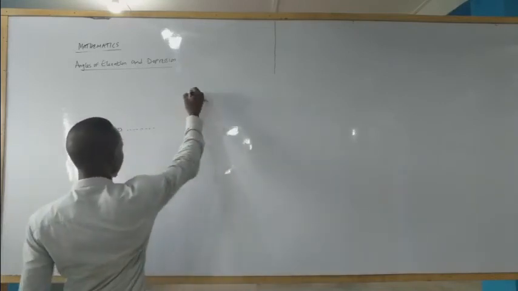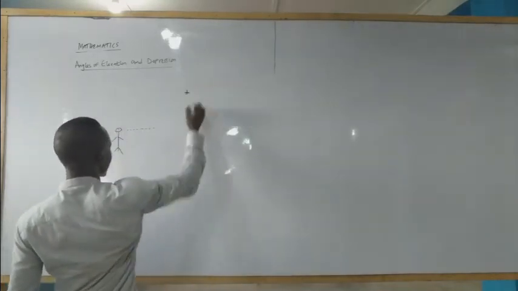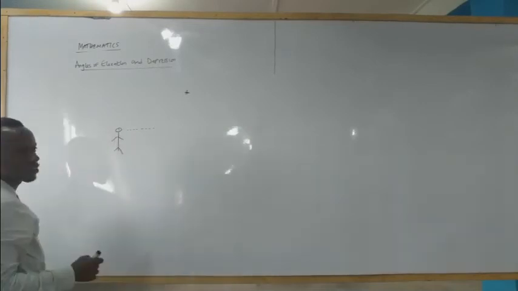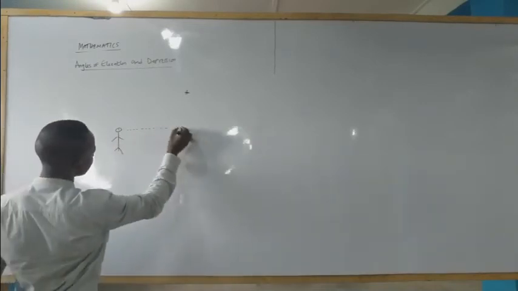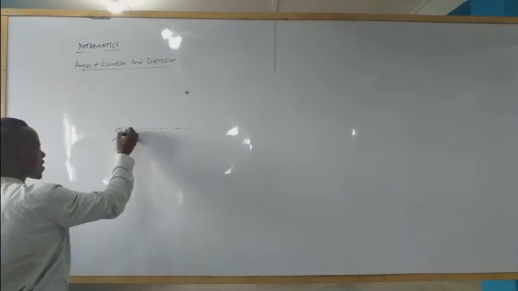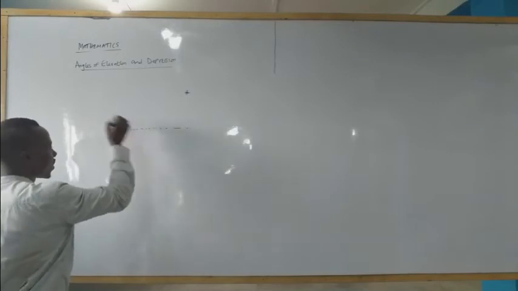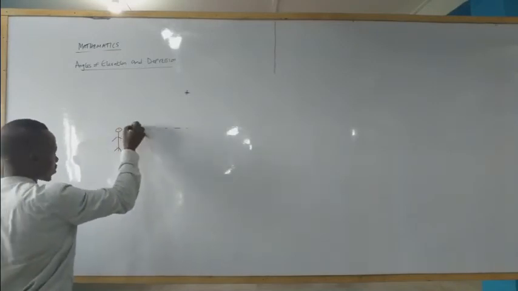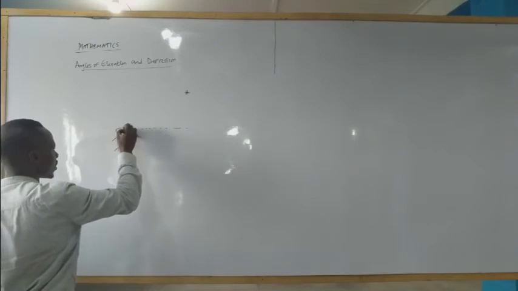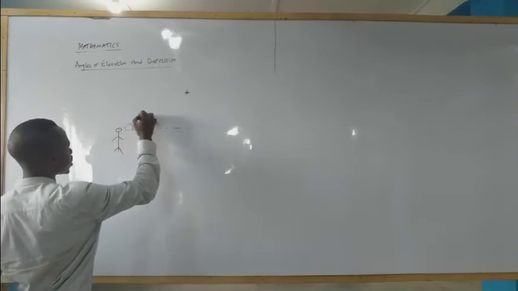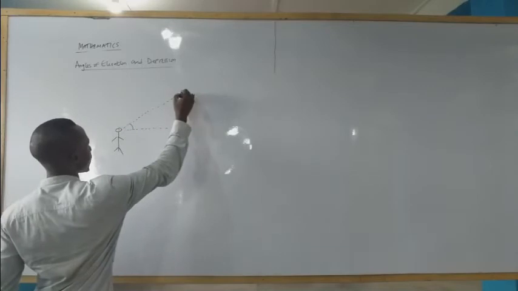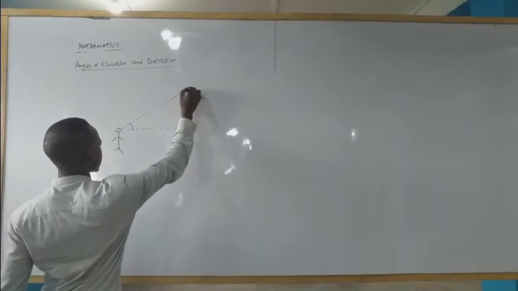So let us assume there is an object here, and there is someone here. This is the eye level. When this person is looking up, an angle is formed. This is the position of the eye when the person is looking at this object.